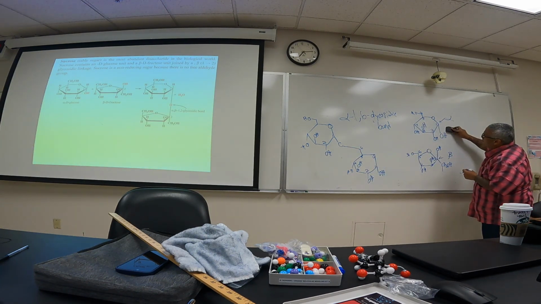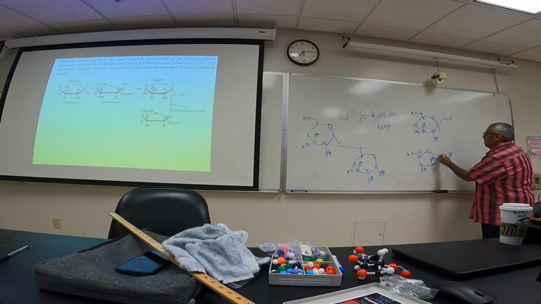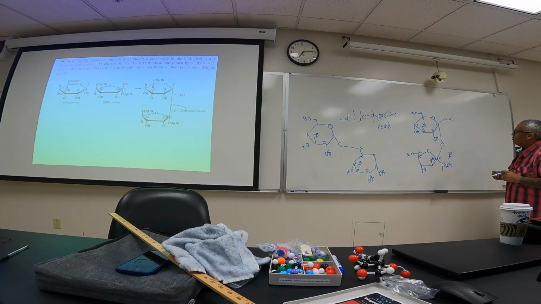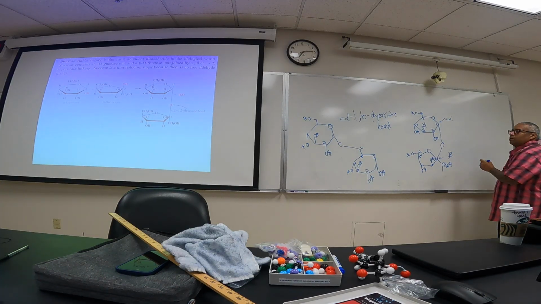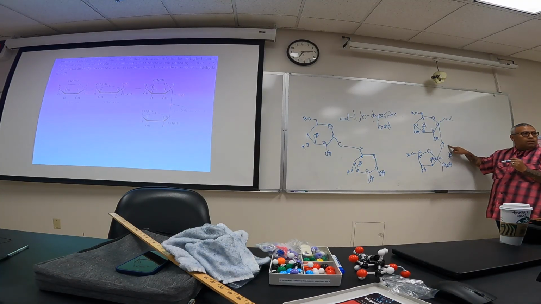So what happens here? What do you think we could name this? We name the anomer first. So is this alpha or is this beta?